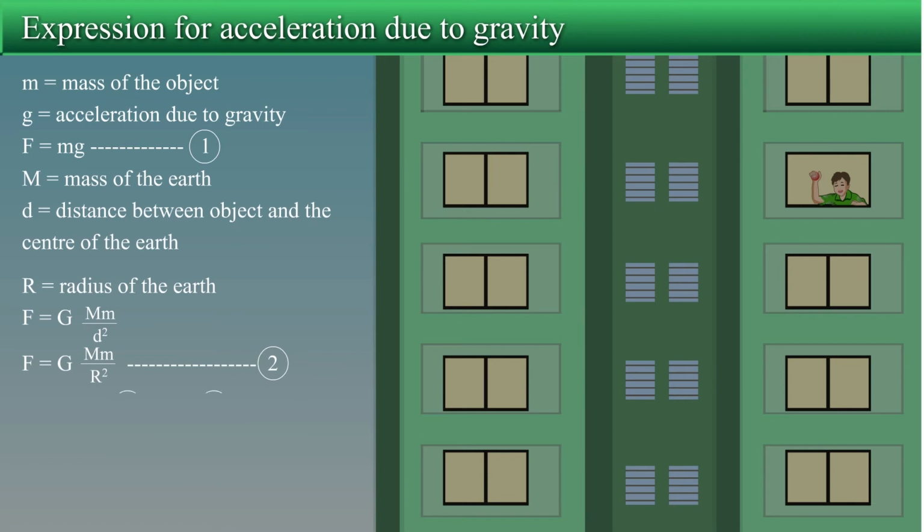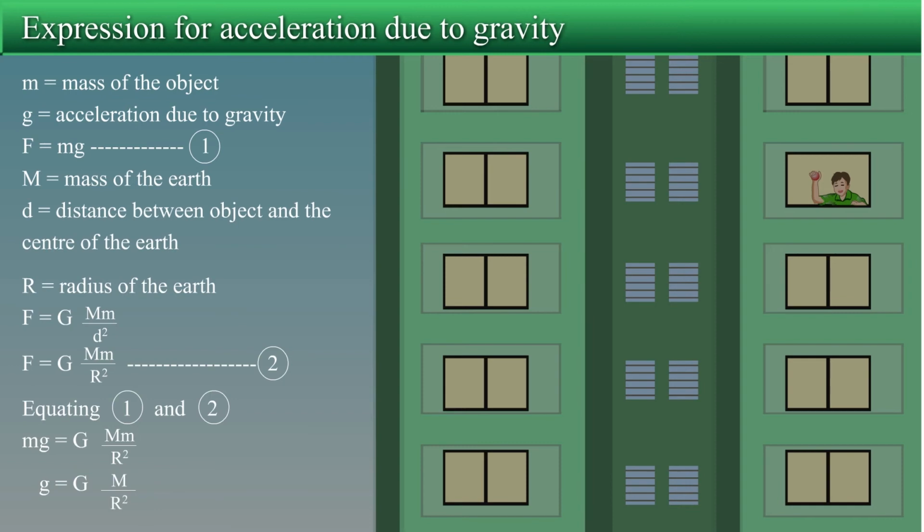When the object is near to or on the surface of the Earth, distance d is taken to be equal to the radius of the Earth. Equating equation 1 and 2, we get acceleration due to gravity is equal to G multiplied by M upon r square.